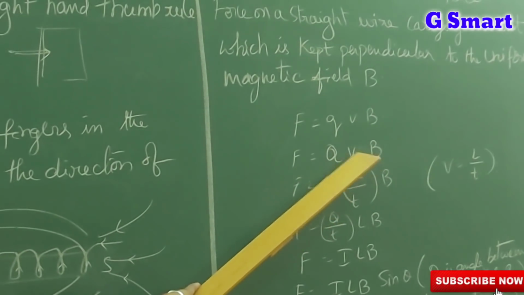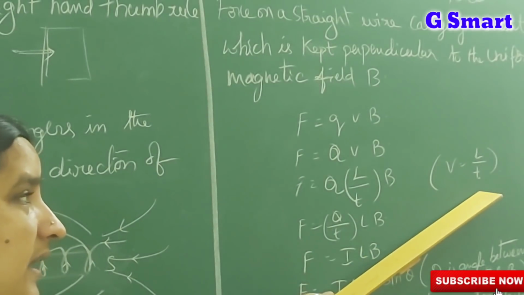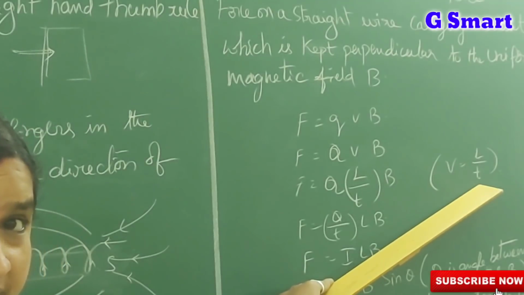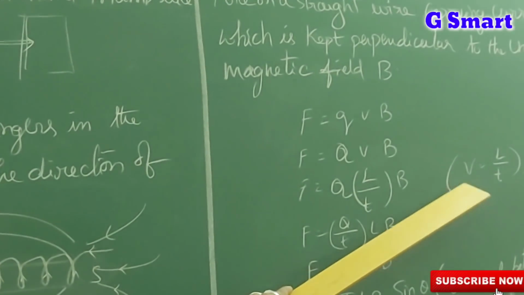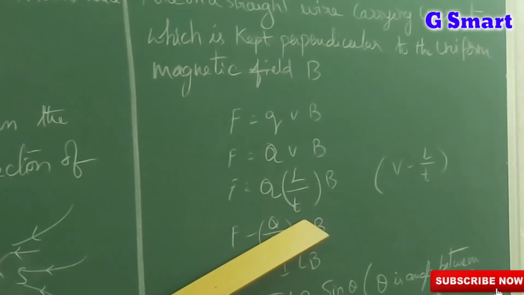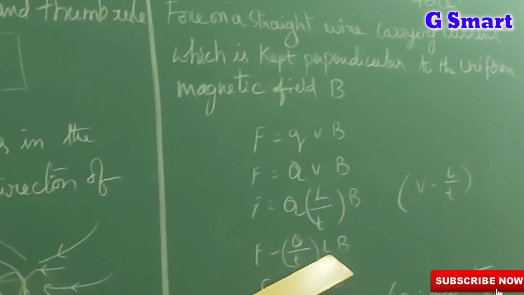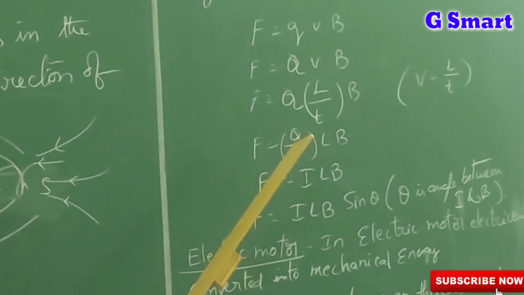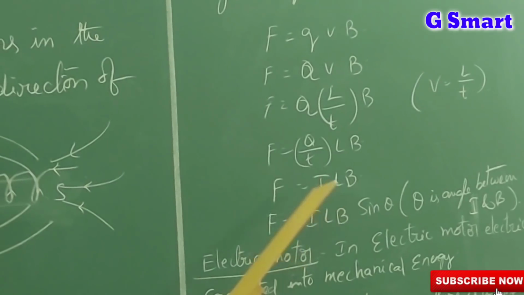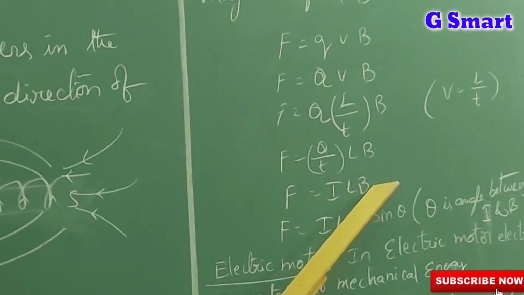Velocity is equal to distance by time. Here distance means the length of the conductor, so instead of V you can write L by T. By using this, you can convert QVB into Q by T times L times B. In the electricity lesson we learned that Q by T gives the current I. So F is equal to ILB.